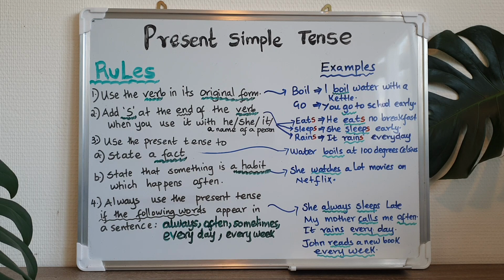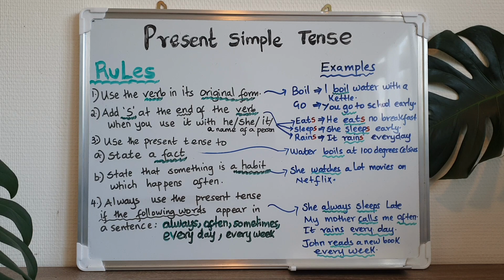But when you go back to the first example, when you use the verb with I or you, then you do not add anything to the verb. I boil. You go. Not I boils. No, that is not correct English.